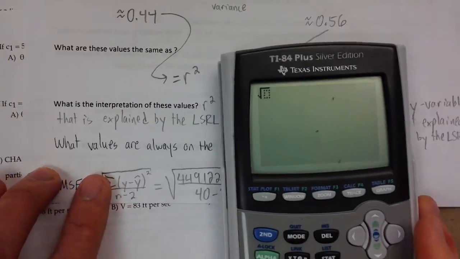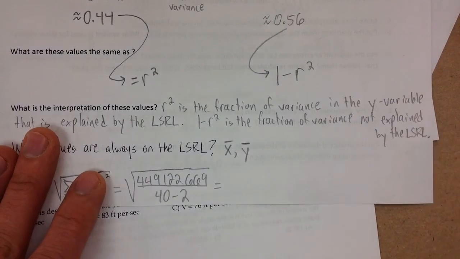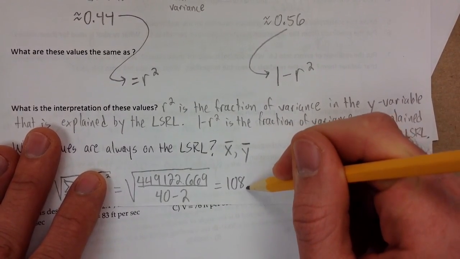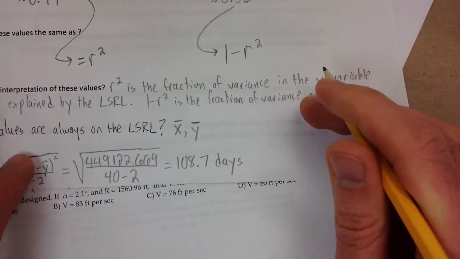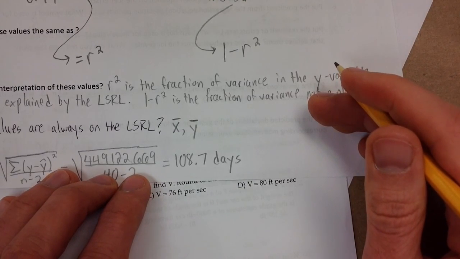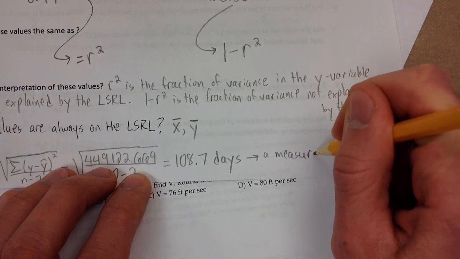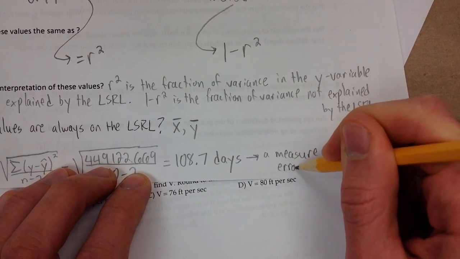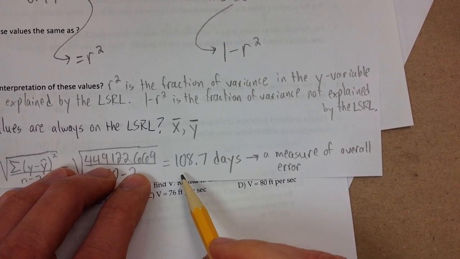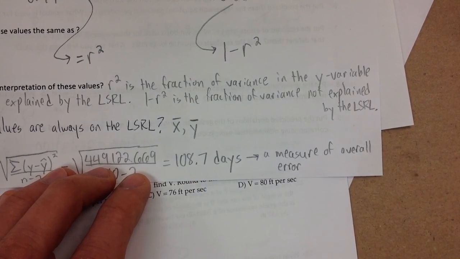So the square root of 449,122.669 divided by 38 is 108.7. This is in days because that's our y variable. And this is a measure of overall error when we're using this model to make predictions. So on average, we're off by about 109 days when we're predicting how long an animal stays in the womb, given how long it tends to live.